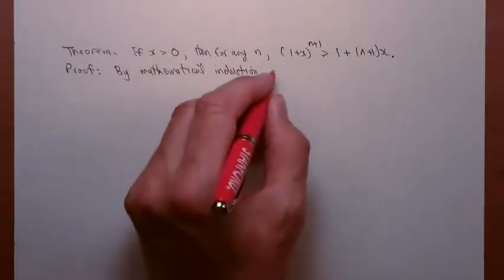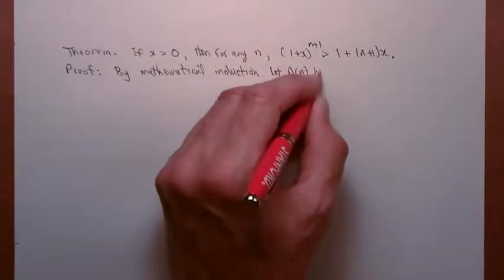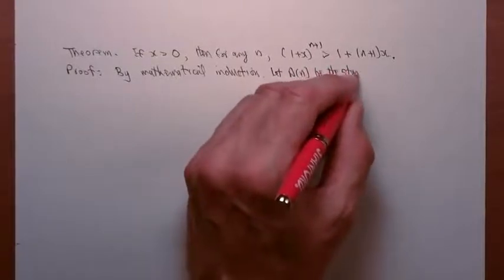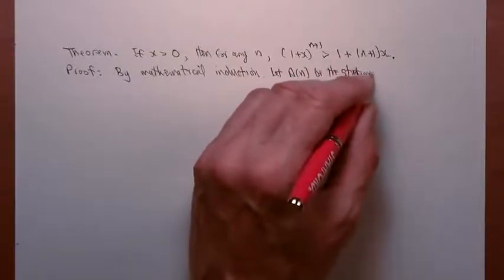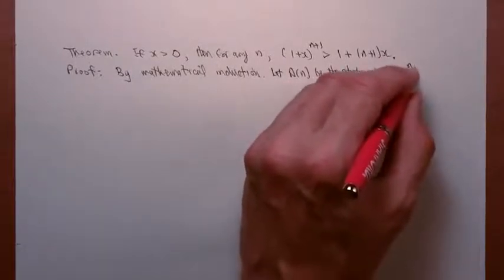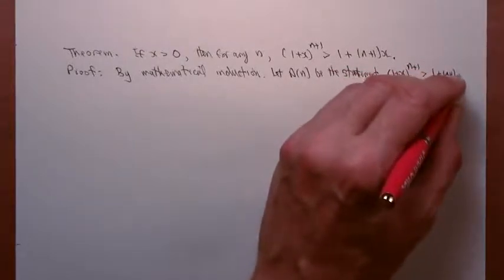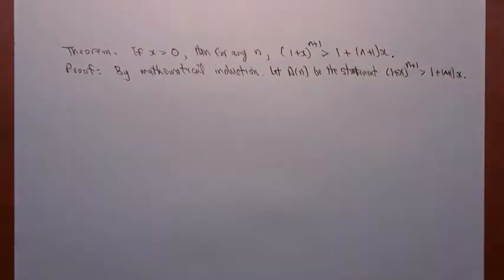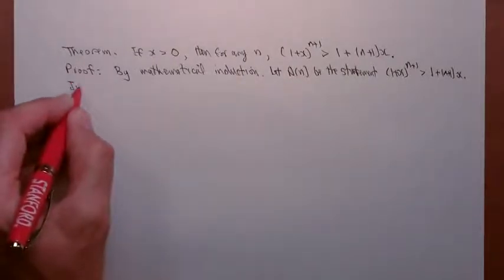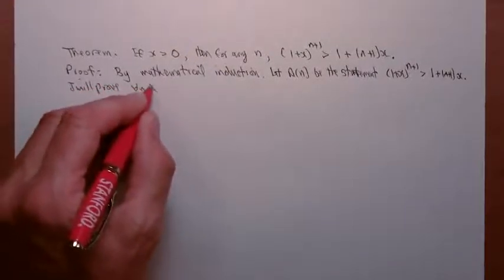And to connect it to the description I gave of induction before, I'm going to let A(n) be the statement (1 plus x) to the n plus 1 bigger than 1 plus (n plus 1)x. So by induction, I'm going to prove for all n, A(n).